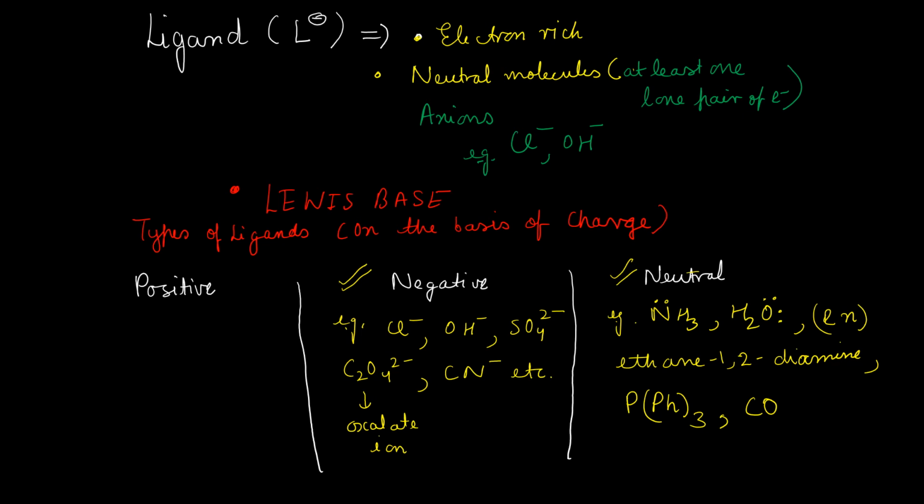So these two are the only types of ligands which will be found mostly. Positive ligands are found very rarely.